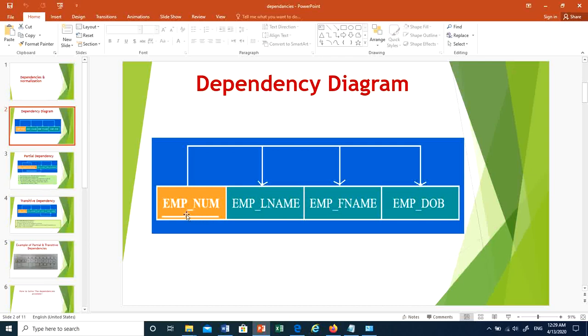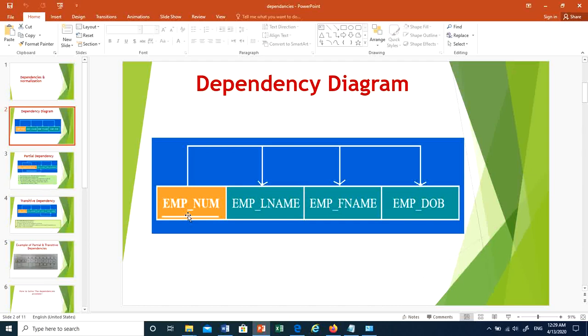You see it is underlined and bold, and it is known that it is a primary key. A primary key means a key that uniquely identifies the rest of the records. It is a unique identifier for the rest of the records.